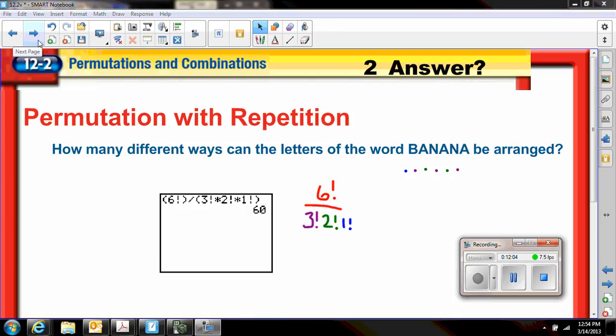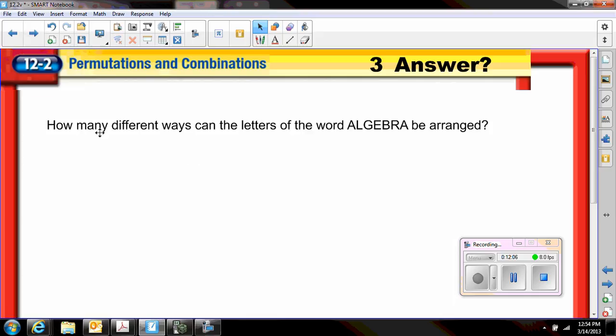All right, let's give another one a try. How many different ways can the letters of the word algebra be arranged? So again, let's talk about how many letters there actually are in algebra. 1, 2, 3, 4, 5, 6, 7 different letters, which means the number of ways I can order those 7 letters is simply 7 factorial. And I want to divide that by the number of times any letter repeats.